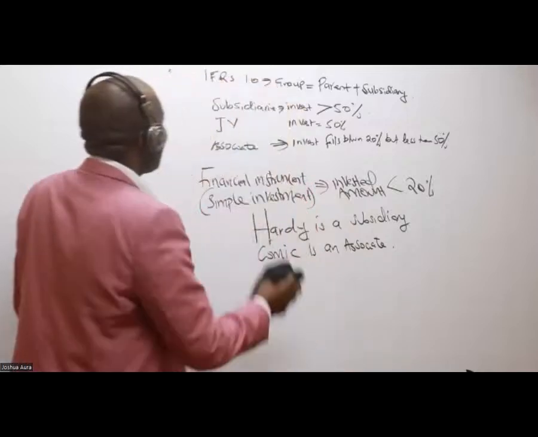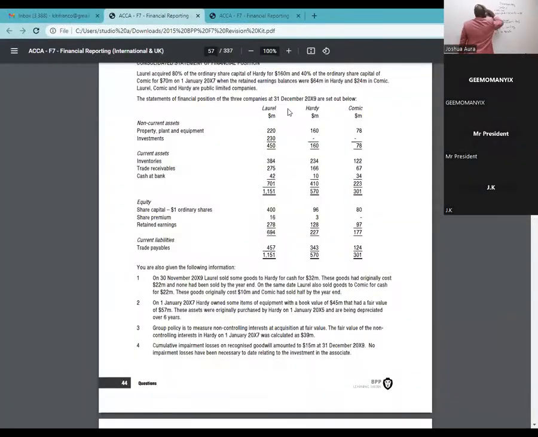I'll come and write there the name of the parent. The parent is called Laurel. So we have here Laurel Group. Consolidated statement of financial position as at.